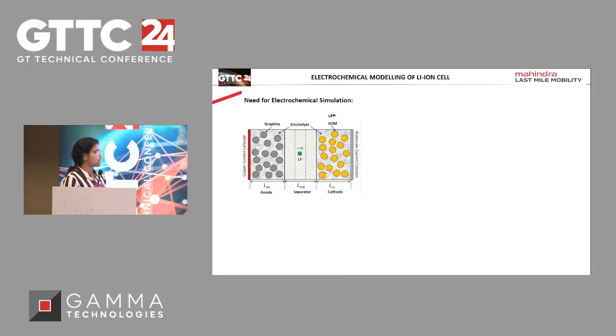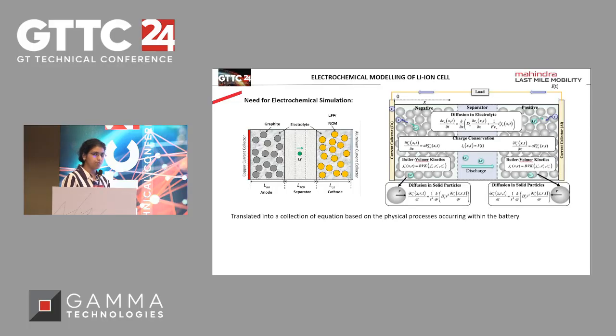In this electrochemical simulation that we have done with GT-AutoLion, we have converted this process into a series of electrochemical equations which take care of all the processes working within the cell. This comprises charge conservation, solid diffusion, ion diffusion within the electrolyte, and then the diffusion across the solid liquid interface.